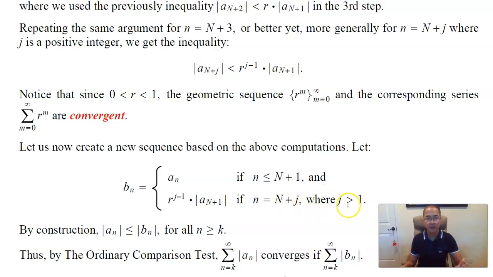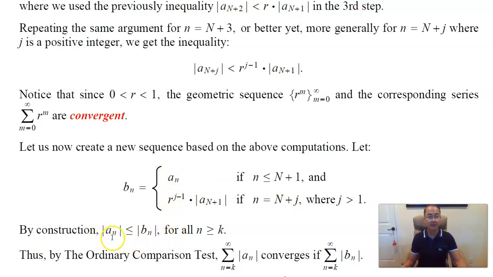So this will start with j bigger than 1, so this will start with N plus 2. This will stop at N plus 1. This will continue on with N plus 2. So by construction, I do believe that should have an absolute value. Little typo there.